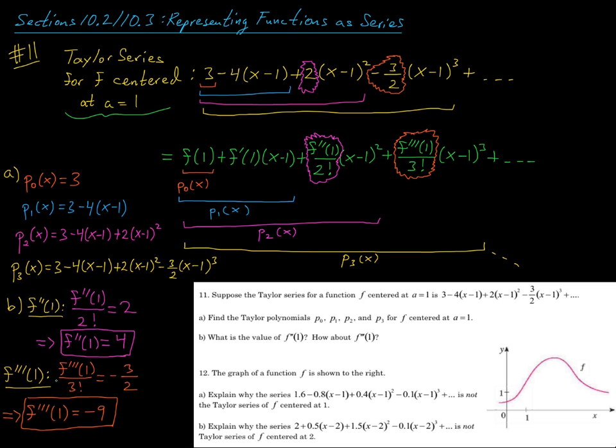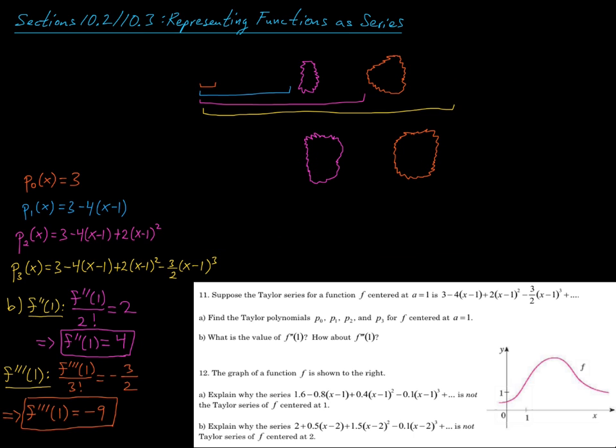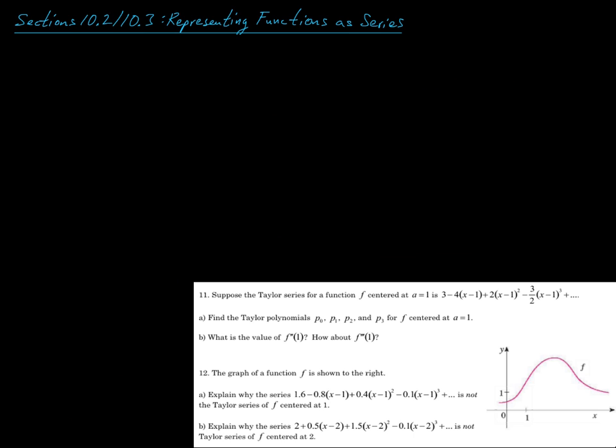Now if you multiply both sides by 3 factorial, and note that 3 factorial is equal to 6, you get that f triple prime of 1 is equal to negative 3 halves times 6, and that's equal to negative 9. All right, cool. Well, that does it for question 11. So let's press on to question 12 here.